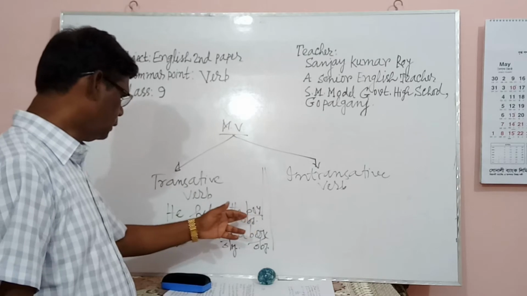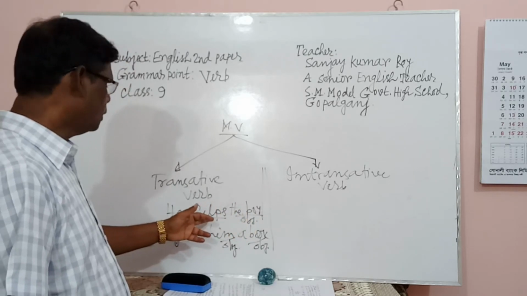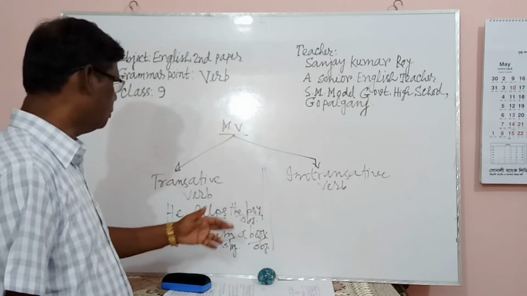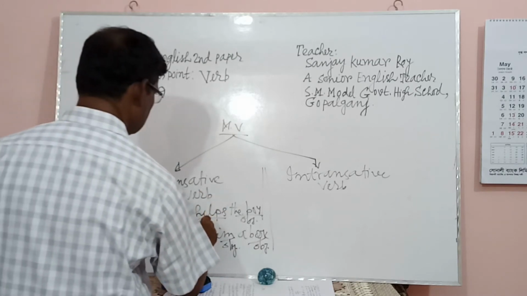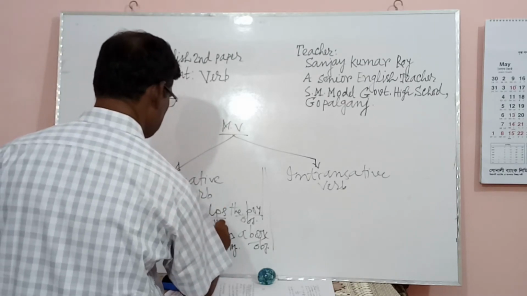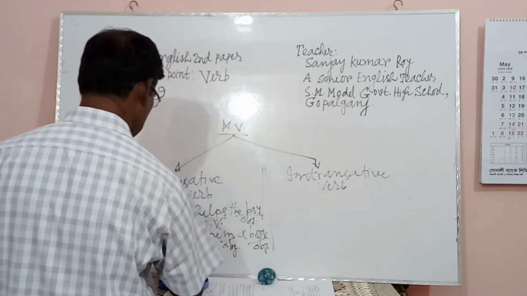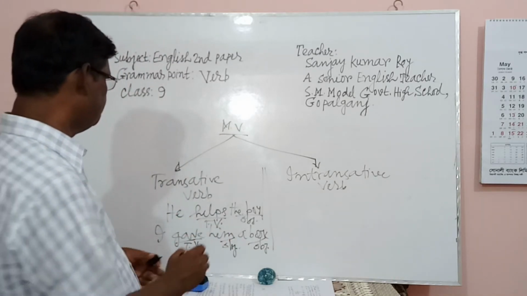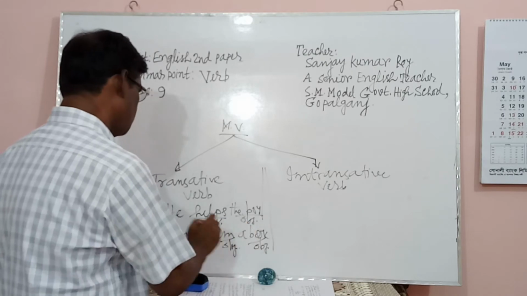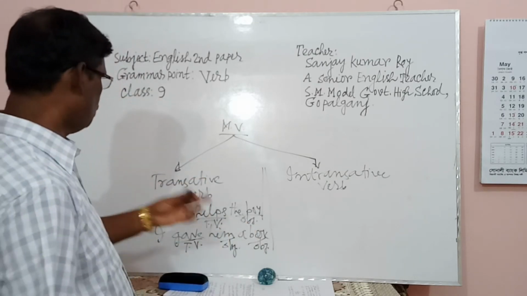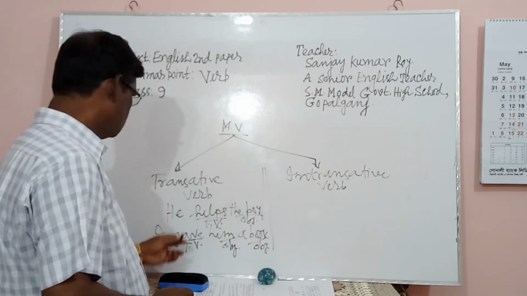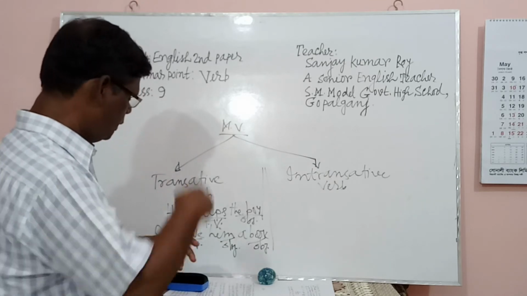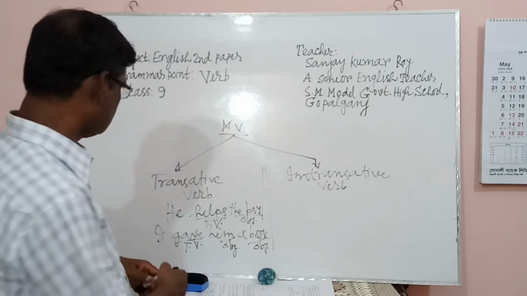The boy is object and help is verb. So this is transitive verb. This is also transitive verb. I gave him a book. This is a double object. Two objects here. So this is also transitive verb.